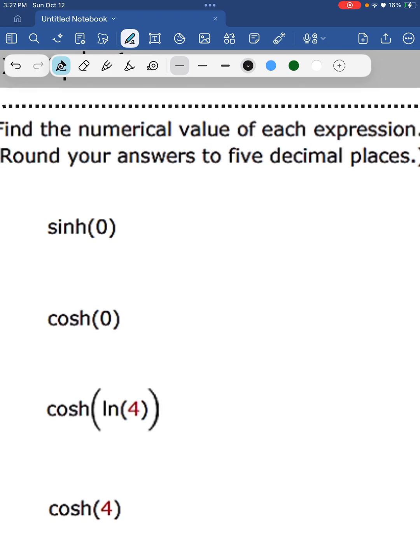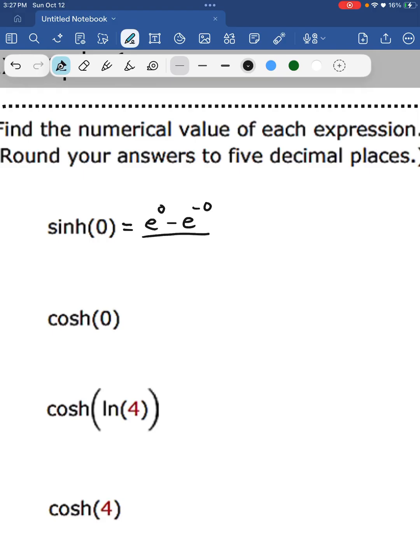So sinh of 0, and we're going to use the definition of sinh of x, which is that e to the x minus e to the negative x divided by 2. Well, we know any number to the 0 power is 1. So we end up with 1 minus 1 over 2, which gives us a 0 over 2. So sinh of 0 does happen to equal 0.